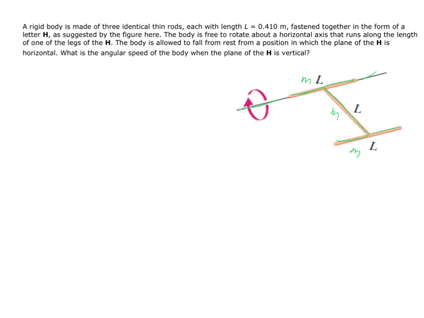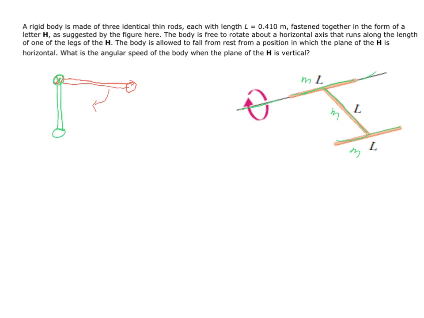So if we rotated this on its end and looked at it from the end on, just so you understand, you'd have the end of one of the rods here, the horizontal rod, and then here's the end of the other rod, and then your axis goes through this one here, and it's starting horizontal, and then it's going to swing downward to a new position, maybe the final position we'll put in green, where this one's still here because your axis is still here, but the middle rod now is vertical, and then the bottom rod is down here.